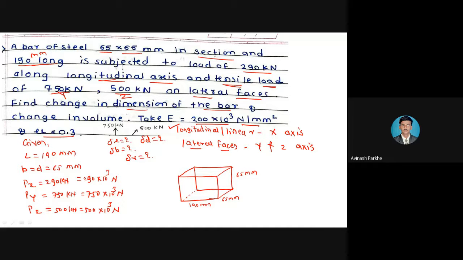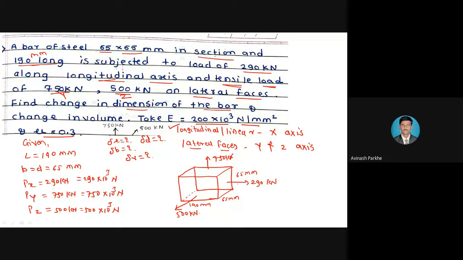The force along the x-axis is 290 kilonewton tensile, the force along the y-axis is 750 kilonewton, and the force along the z-axis is 500 kilonewton.